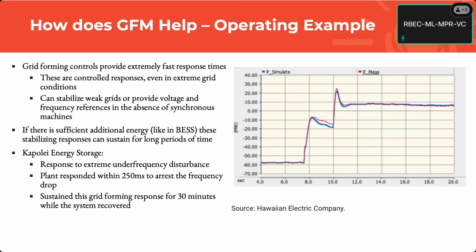But this is one of the things that you can think about grid forming. For those who aren't going to stay to the end, we'll just give you a couple of takeaways. Grid forming is good and stable. Alex was saying it's a fast, stable, controlled response.